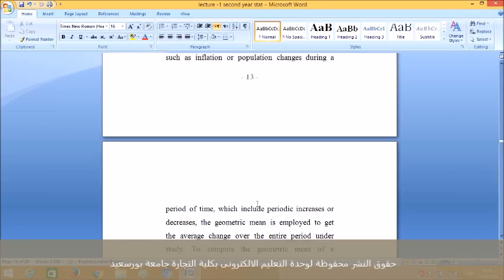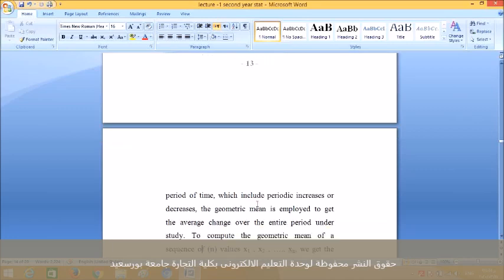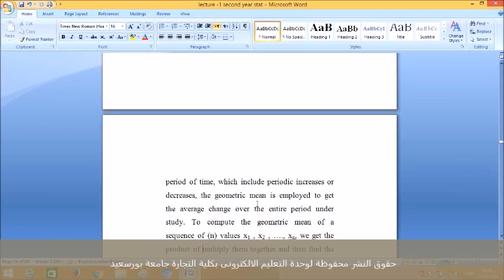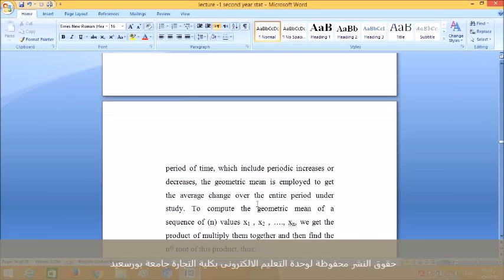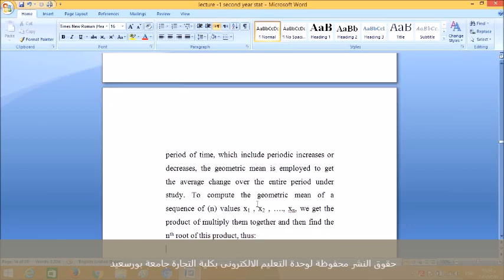under study. To compute the geometric mean of a sequence of n values, x1, x2, and so on, we get the product of multiplying them together and then find the nth root of this product.